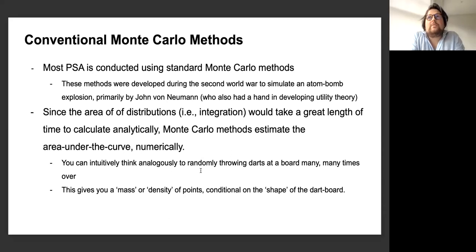Now, an intuitive way to think about this is you choose the shape of a dartboard, i.e. your distribution. Your distribution is the shape of your data in a way. And then you're throwing darts randomly over and over and over again.